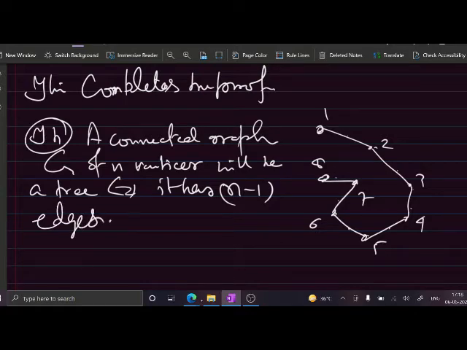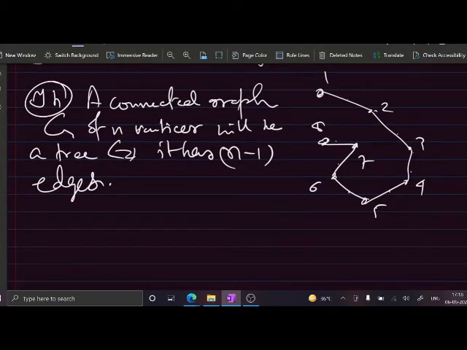This is the theorem, and through it you can easily check whether a graph is a tree or not. So this theorem is very effective and it's a workable scheme of checking a tree. Okay.